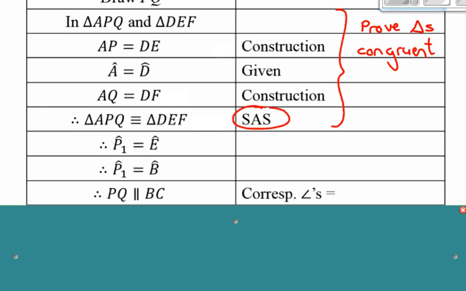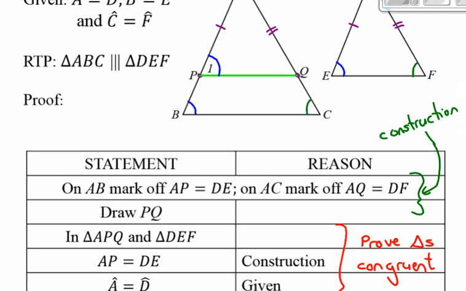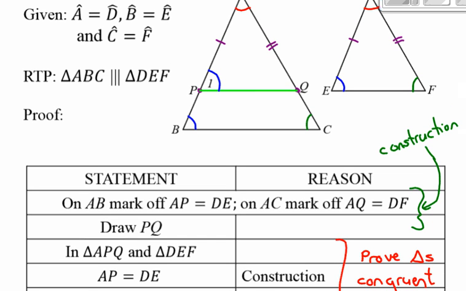So because this angle here, P1, is equal to that angle there, B, then line PQ must be parallel to line BC.